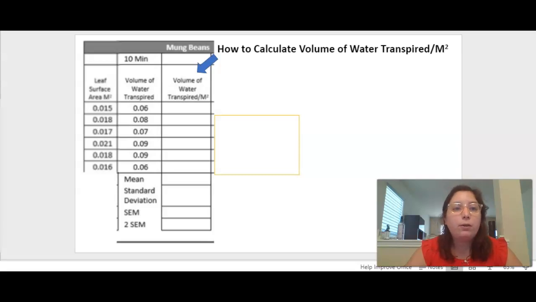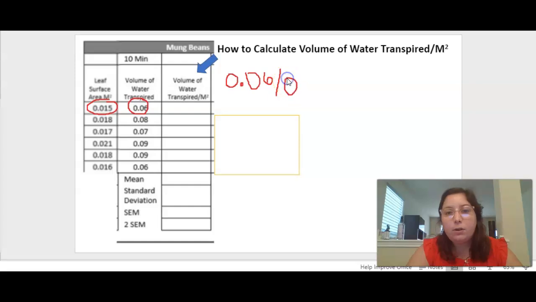So the way you're going to do that is you're going to take the 0.06, all right, and you're going to divide it by the surface area. So we're going to take 0.06 and we're going to divide that by 0.015.